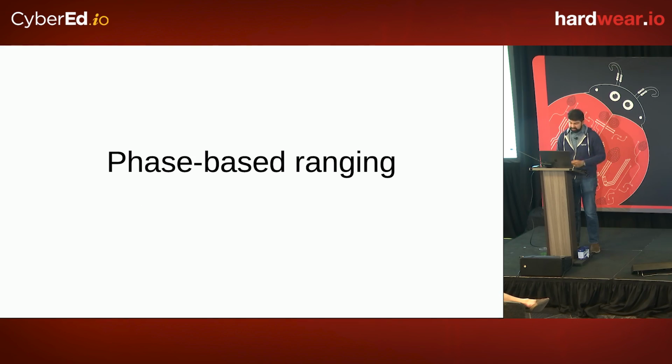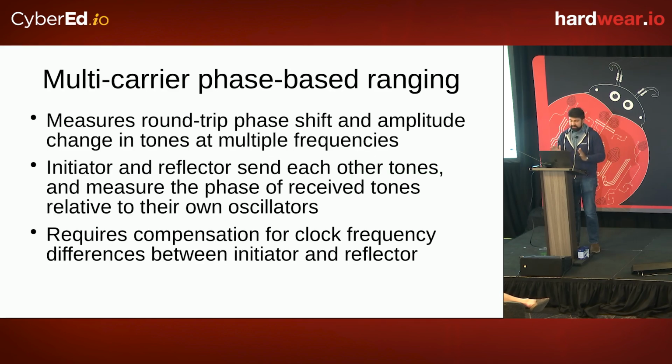That's where phase-based ranging comes in. In multi-carrier phase-based ranging, you measure the phase shift and change in amplitude for round trips at multiple frequencies. So you have 2 devices, let's call them an initiator and a reflector. The initiator sends a tone, the reflector measures the phase of the tone relative to its own local oscillator, and then the reflector sends a tone and the initiator measures it relative to its own local oscillator.